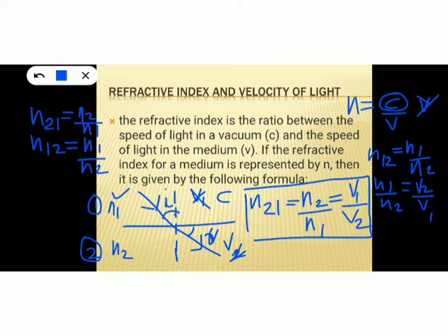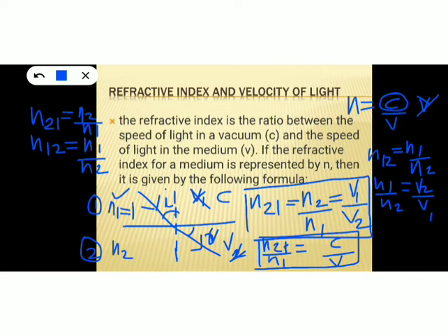Now our equation N21 is equal to V1 by V2 will change to C by V, because V1 is replaced by C and V2 is replaced by V. So our equation becomes N21 is equal to C by V. Okay, and again, if the medium is air, the refractive index of air is approximately 1. So the refractive index N2 by N1 is equal to C by V. We have got that relation. N21 is N2 by N1, isn't it? N2 by N1, that is equal to C by V.